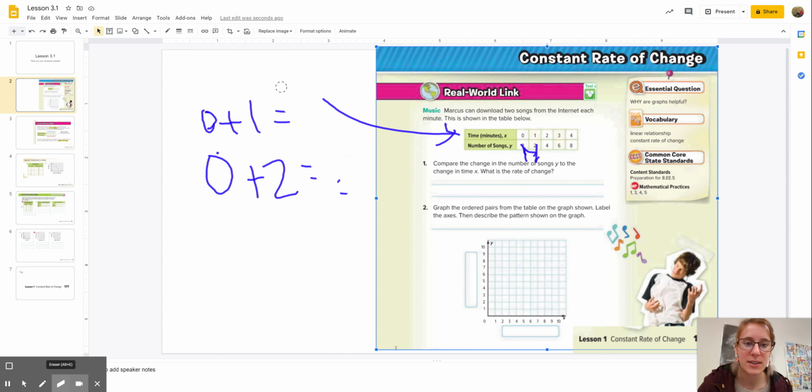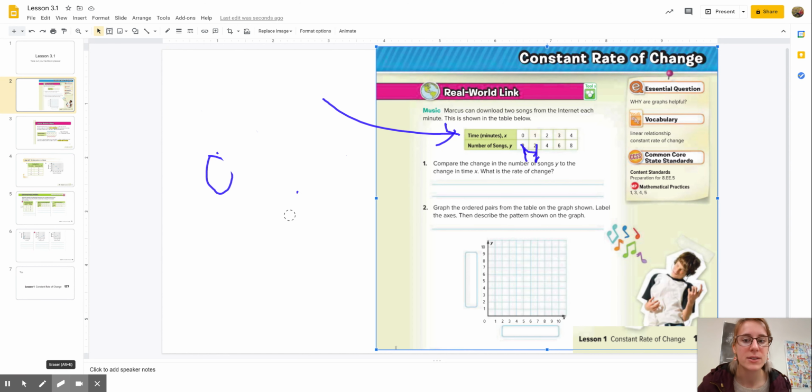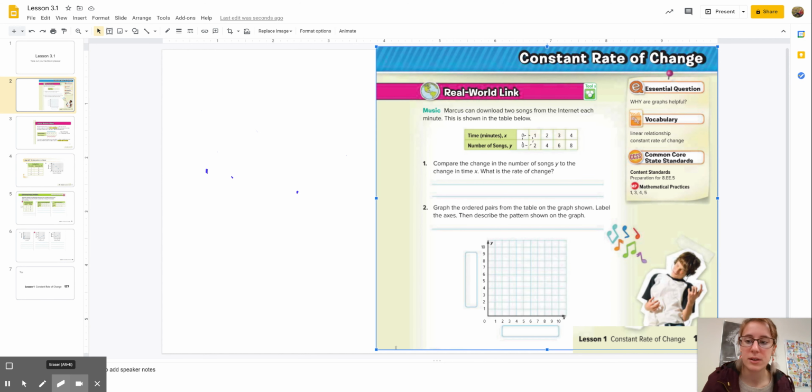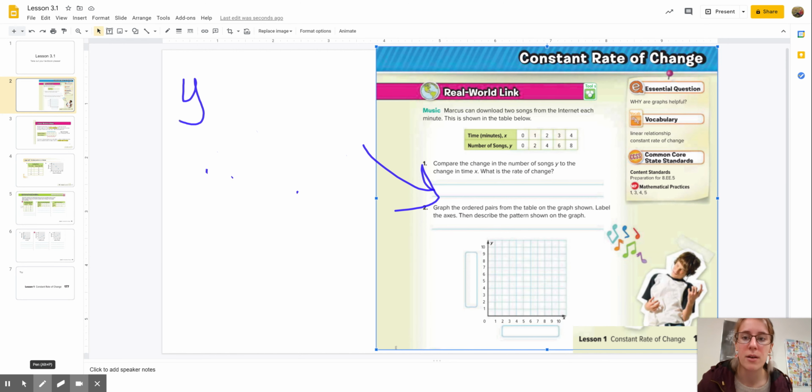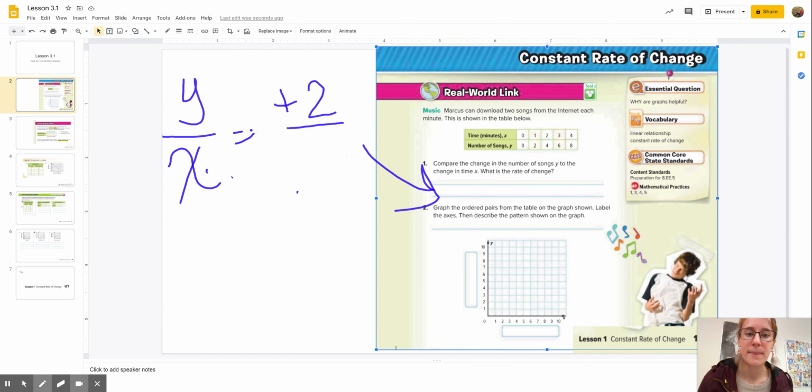But in this case, we want to compare the rate of change of the number of songs to our time, x. So we're going to compare our y to our x. Our y increased by 2, so on the top, I'm going to put plus 2 in the numerator.